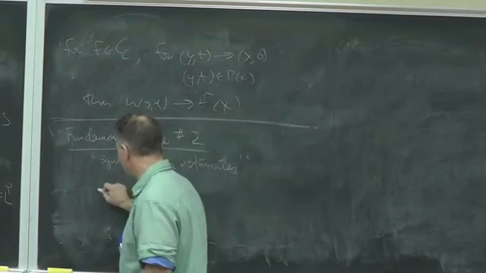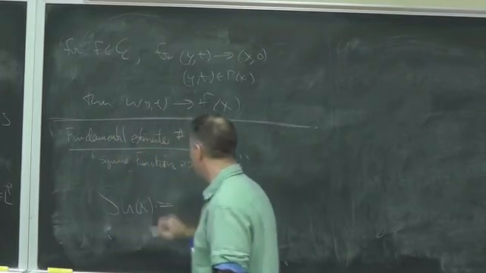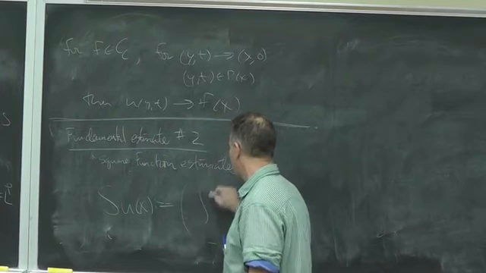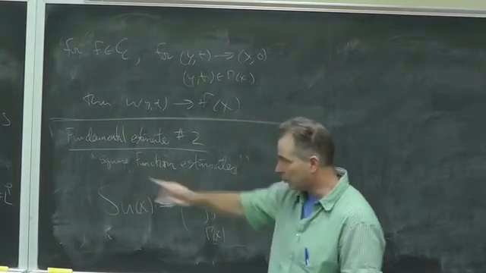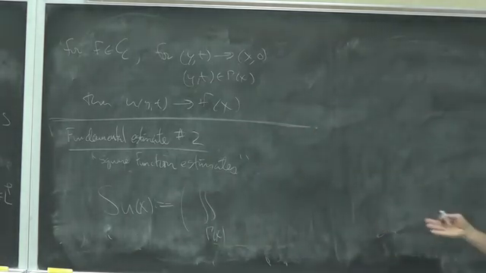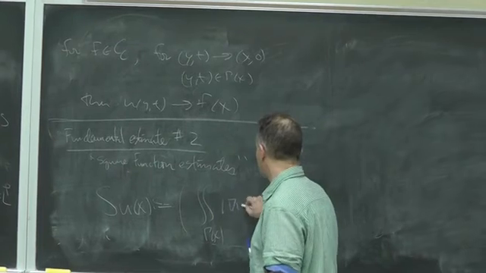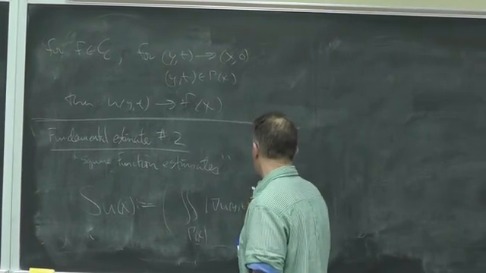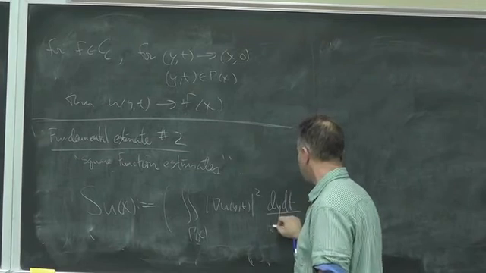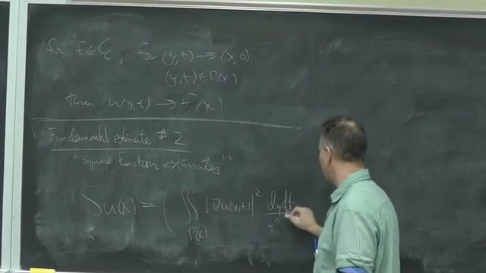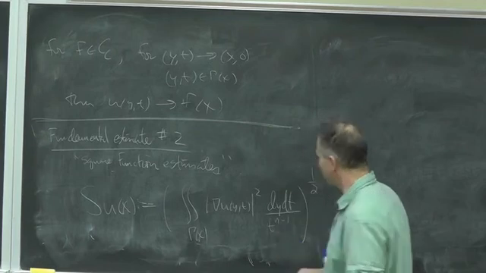Okay? So the square function of u is going to be defined as follows. We're going to take the integral over the cone, same cone as before, and again, the aperture is really immaterial. Take the gradient of the solution, square it, and integrate on the cone with respect to the measure dy dt over t^(n-1), and then take the square root of that.